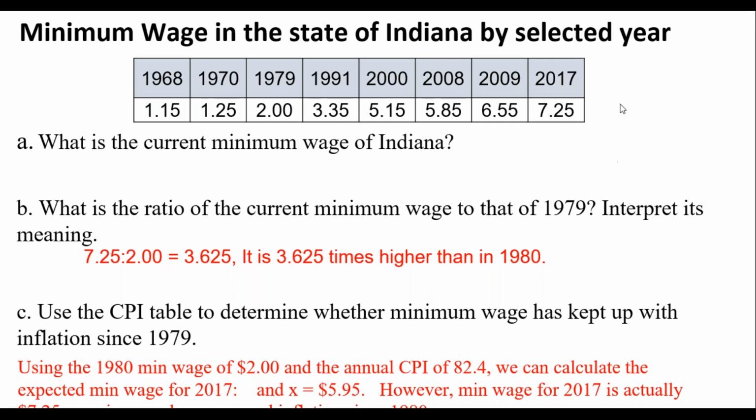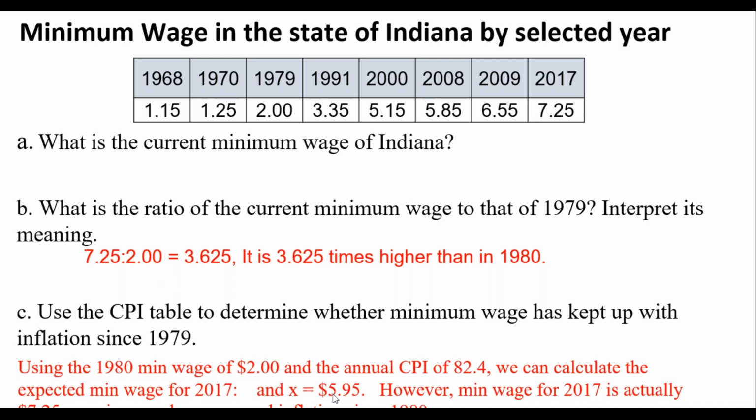But when we look at the actual value, because remember, this is the what if. So we're saying what if, so we're using all the values of 79, the CPI and the minimum wage, and we're using the CPI for 2017, and we're seeing what the minimum wage would be if I followed inflation rates.